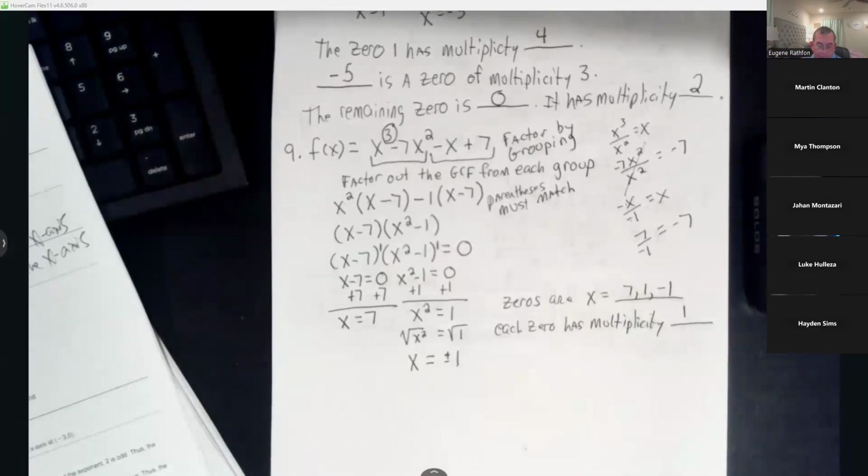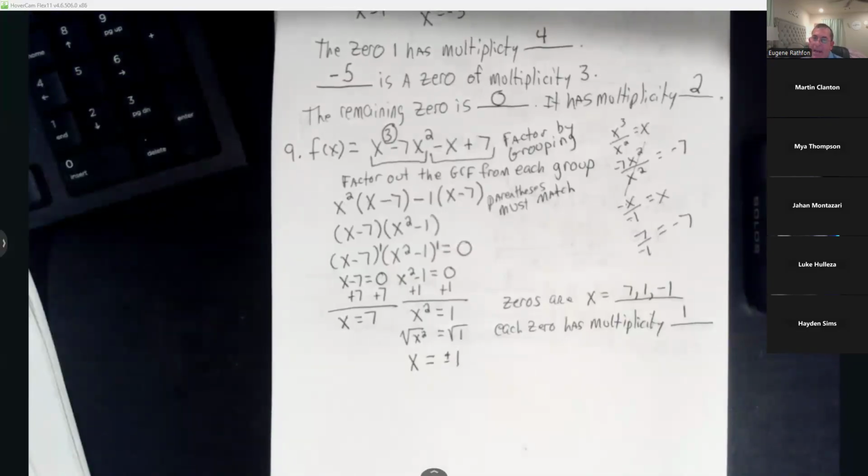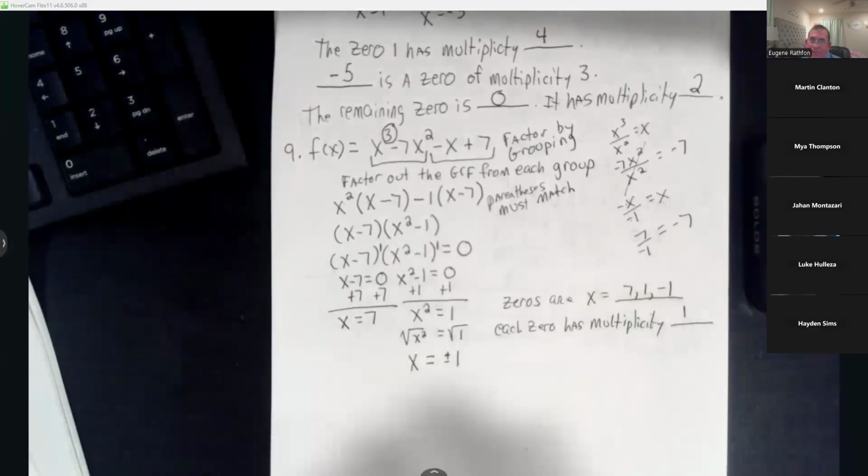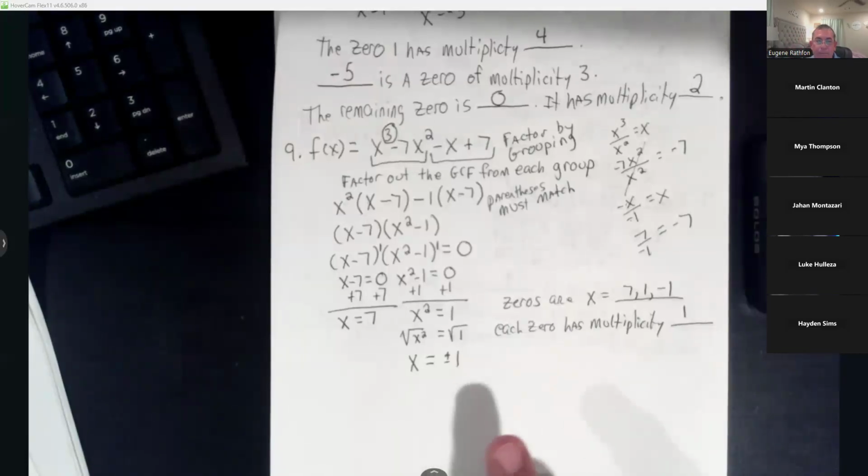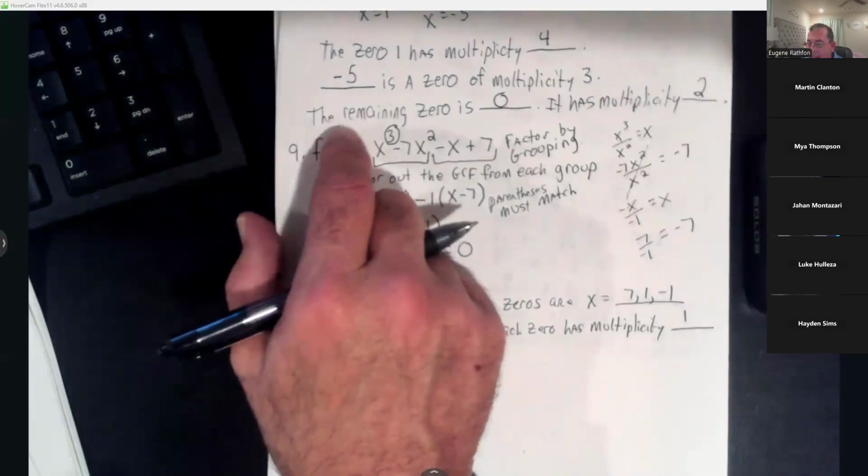Okay? So, y'all, I got another one like that, number 9, just to get you good at this 4-term polynomial stuff, okay? All right, y'all, so let me flip that over and get y'all on number 10 then.